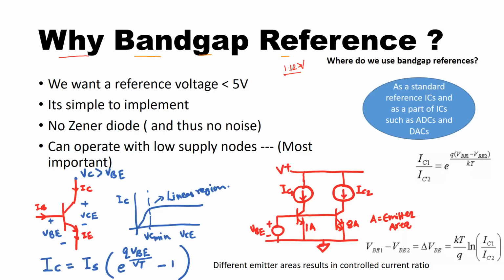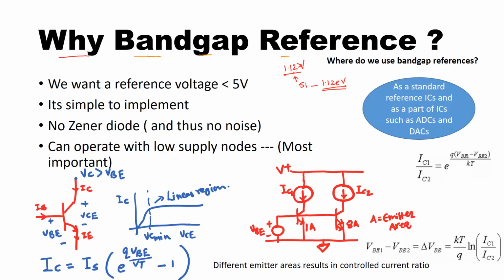The name comes from the fact that silicon has a band gap of 1.12 electron volt. Out of silicon we make the transistors, and from those transistors we build a circuit to generate the V reference that is equal to 1.12 volt.